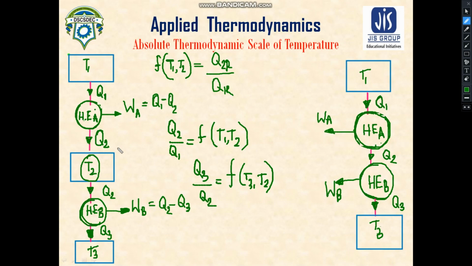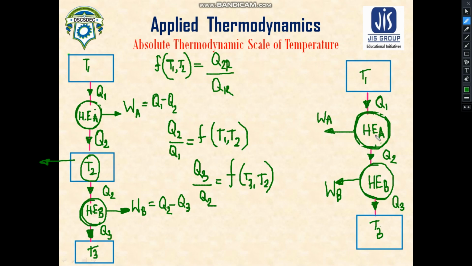Now as you can see here, this heat Q2 is the source for this engine. We can say that this reservoir is acting as redundant, there is no application of this reservoir, so we can remove this thermal energy reservoir and see the modified diagram here.